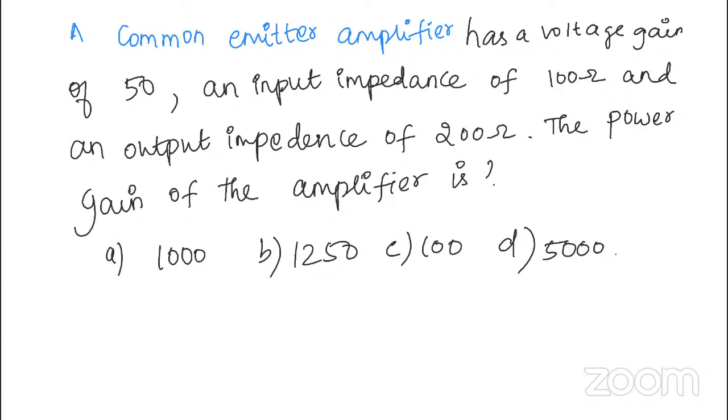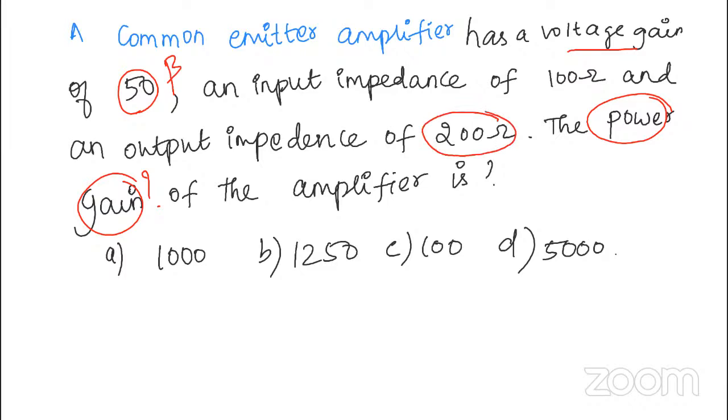So here they are asking for the power gain, so we have to find the power gain. Then the voltage gain they have given, which is nothing but beta. So the value of beta is readily given. Then input resistance and output resistance are given. So the input impedance value and output impedance value. This is for output, that is R naught, the values are given. Then here it is Ri, the value is given.